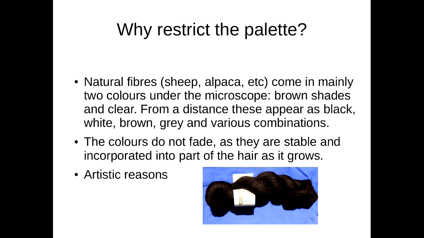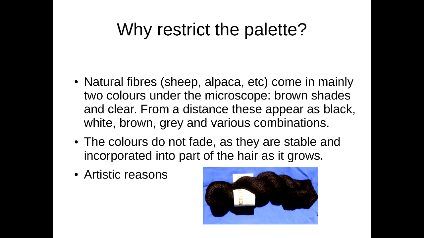Now, natural fibres, such as the hair on your head, come in, you can see around the audience, some people with light coloured hair, myself with the grey hairs, a few dark hair, some red-headed sort of colours. But under the microscope, it's all either completely clear, which is super blonde, or various shades of brown. These little brown elements are attached to the hair cell as the hair grows.